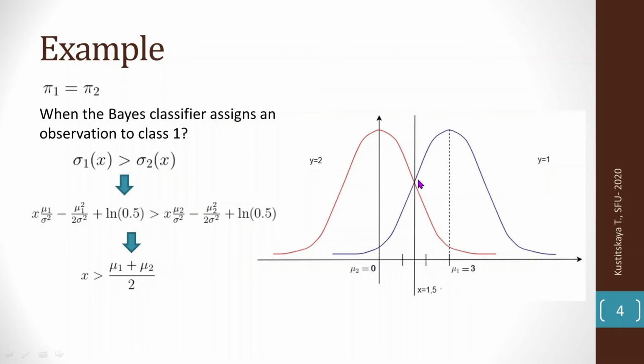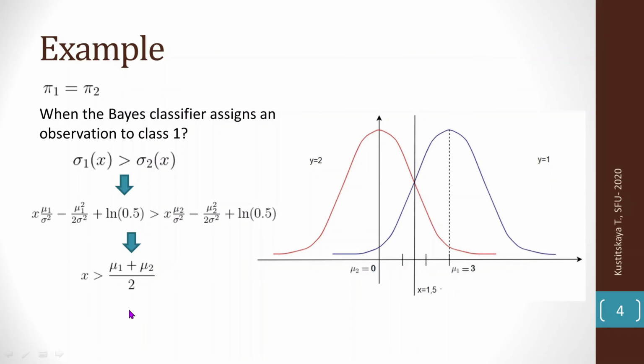The density function here is drawn in blue. The density function for the second class is drawn in red, and here the value of the mean is equal to 0.